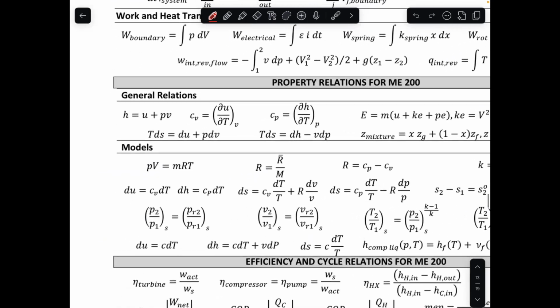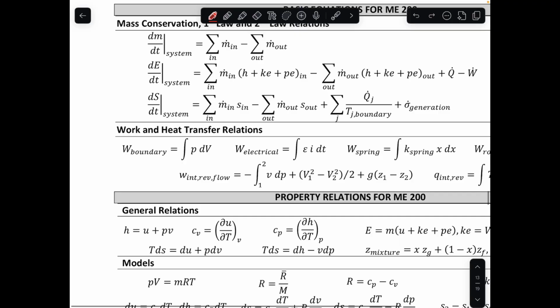So here on the equation sheet, this is our boundary work equation that I mentioned, our PDV equation. The form they have here is total work, capital W, and this integral is with respect to total volume, capital V. But they're asking us for the specific work, not the total work, so if we divide both sides by mass, we get specific work equal to the integral of P with respect to specific volume, this little v here.